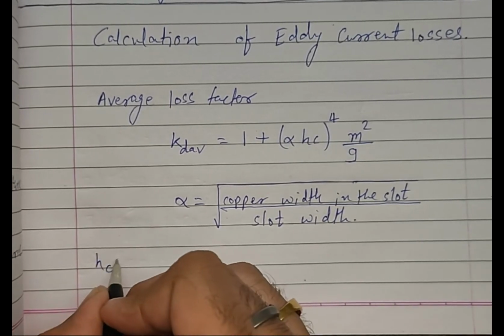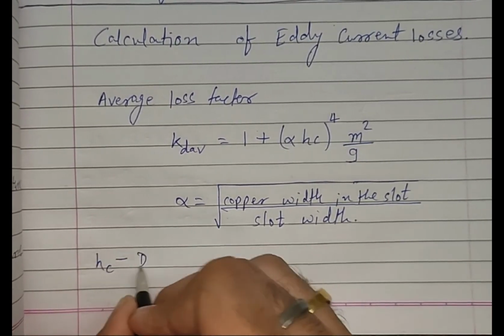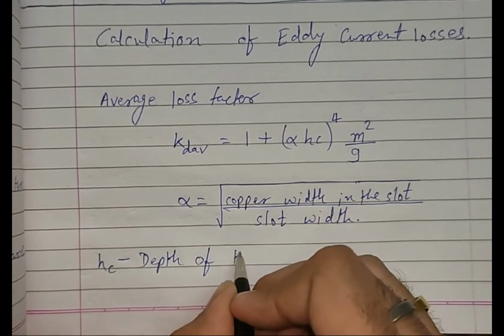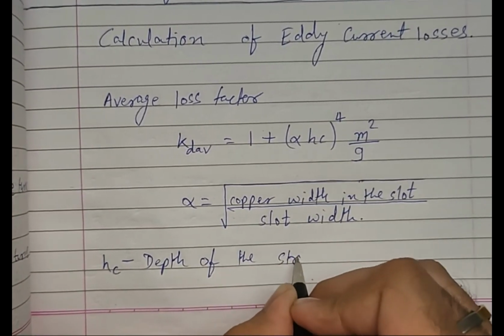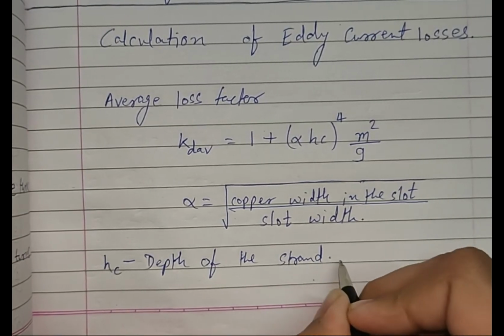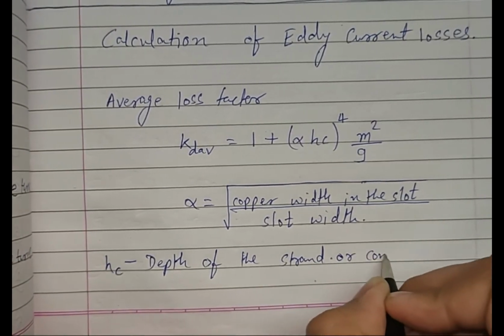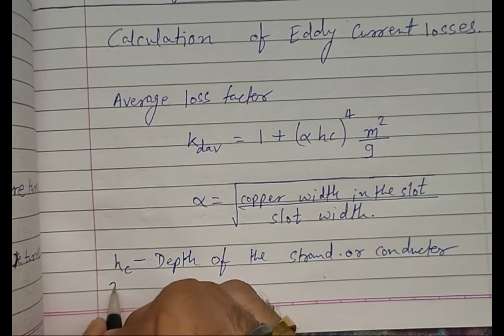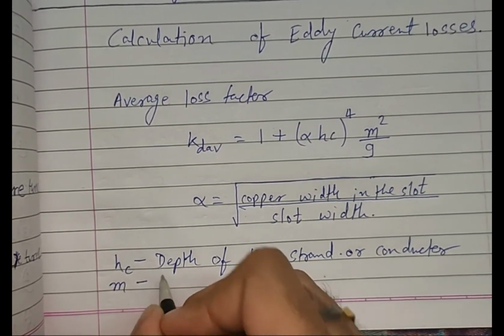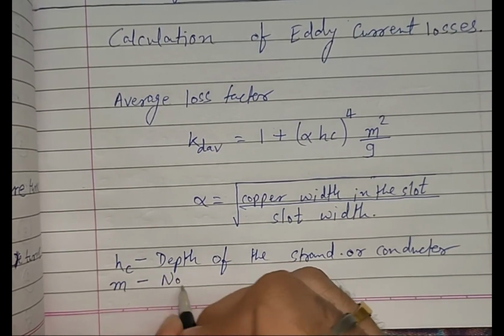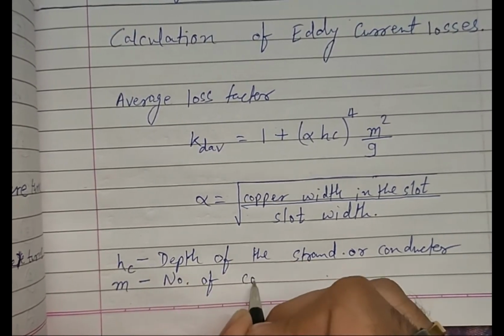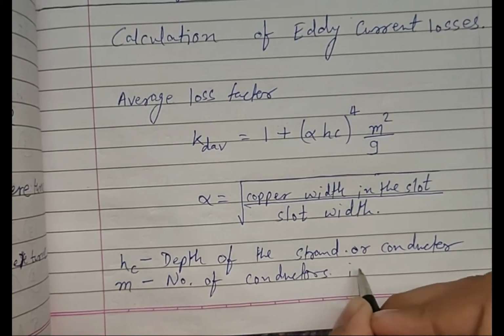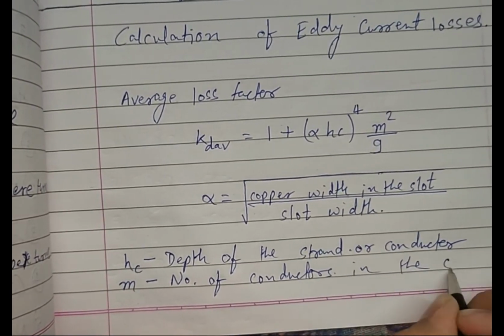whereas HC is nothing but the depth of the strand or the conductor, and the small m represents the number of conductors in the slot depth.